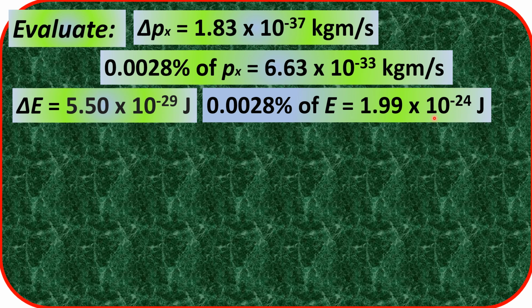And the estimated photon momentum could also range from 0.0028% below the average or 0.0028% above the average.